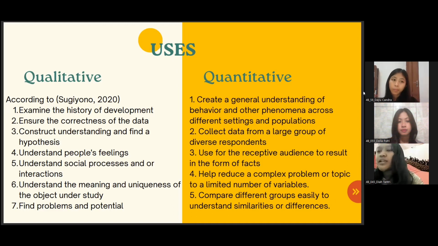Next one is to construct phenomena, discover and develop theories, or understanding, and find hypotheses. Qualitative methods are most suitable for constructing phenomena, discovering and developing theories built from data obtained through the field, such as theory built through grounded research.